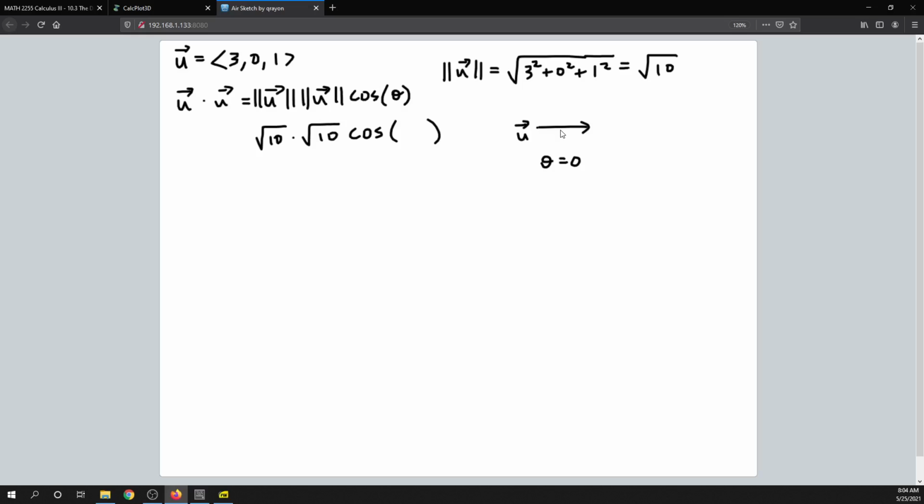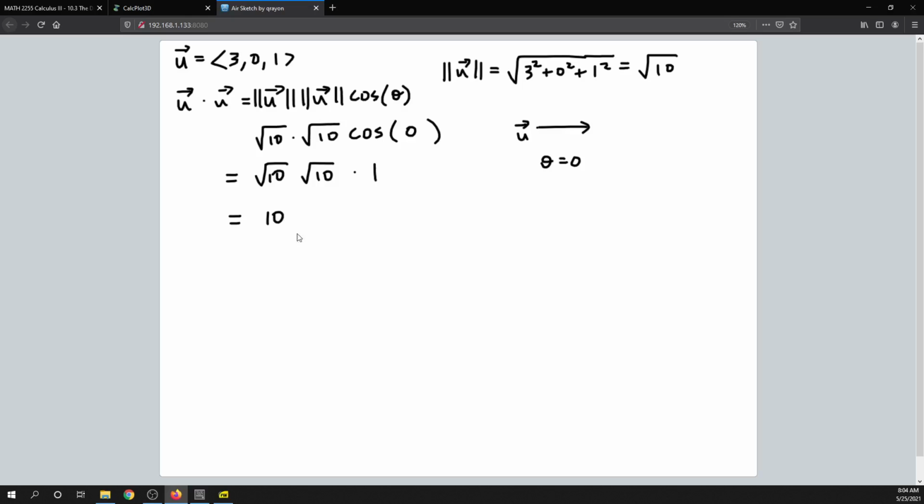So this is going to be the cosine of 0 radians, and the cosine of 0 radians is 1. Since this comes out to be equal to 1, we just get the length times itself, or the length squared, and that's going to come out to be equal to 10 in that case.